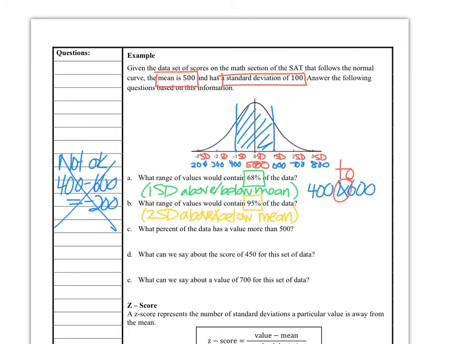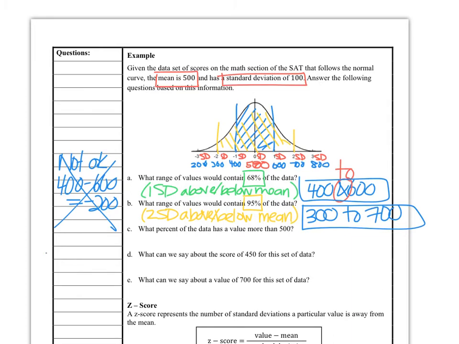So now I've got to go out to 2 standard deviations. Boom, boom. So 95% of the data is within 2 standard deviations, landing me at the numbers 300 to 700. Okay, so answer here, answer here.